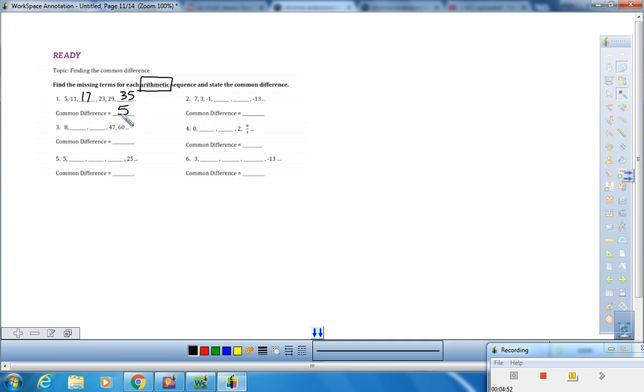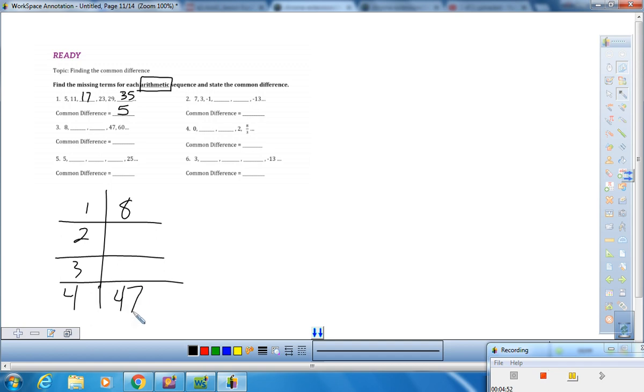Okay? Let's see. It's arithmetic. So, the first one was 8. The second one, we don't know. The third one, we don't know. And the fourth one was 47. So how did we get from 8 to 47?